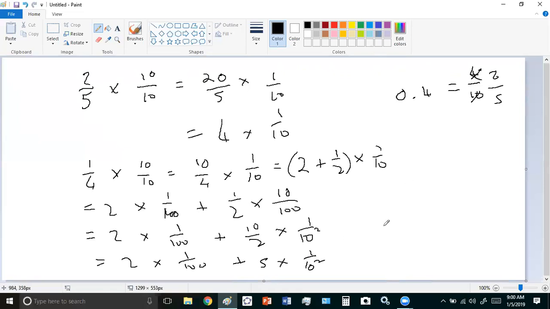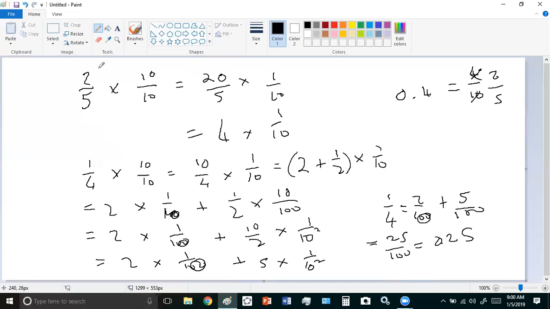In other words, 1/4 in base 10 is fully measured. It is 2/10 plus 5/100, which is the same as 25/100 or 0.25, right?